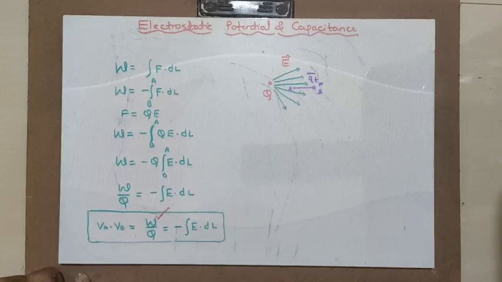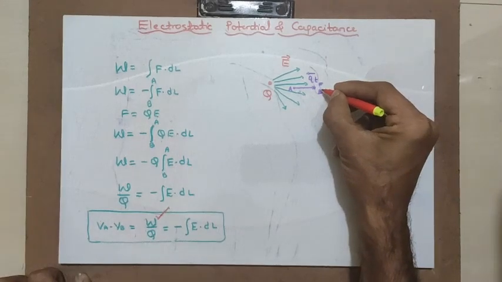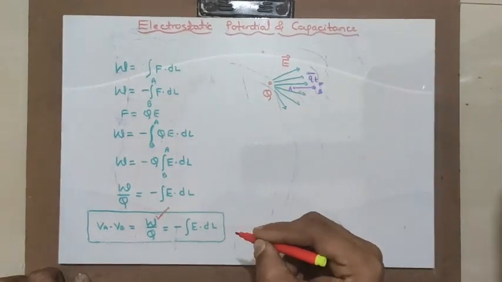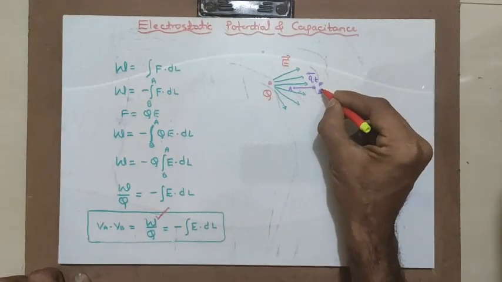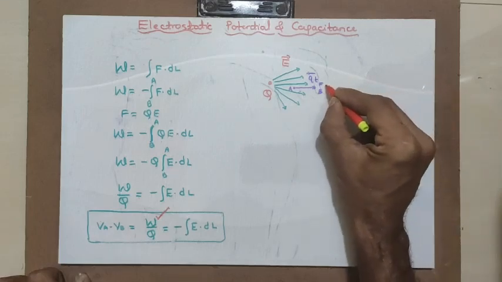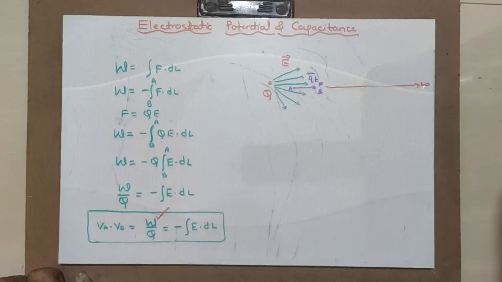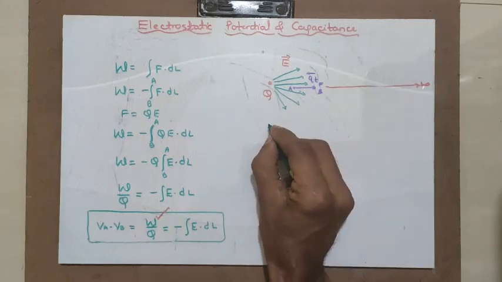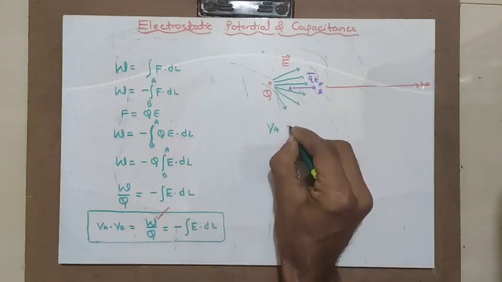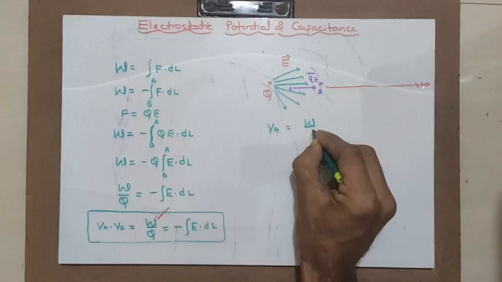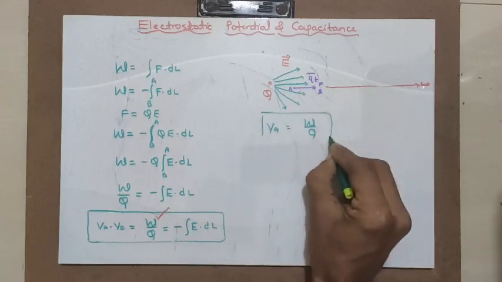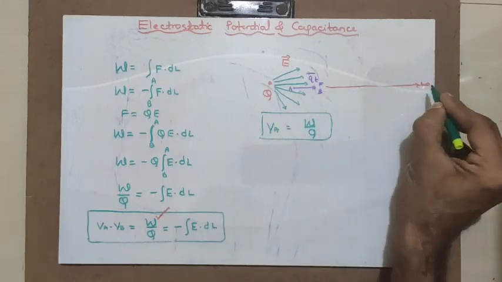Now suppose I shift the point B to infinity, somewhere far away. Then it becomes the absolute potential of point A. VA is equal to work done per charge, in the case where I am shifting point B to infinity.